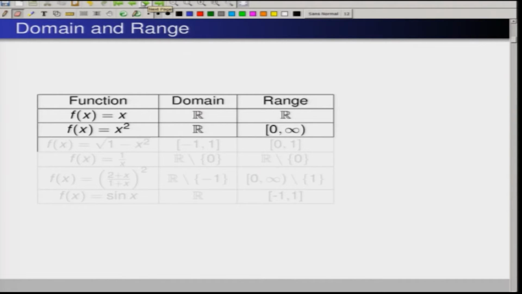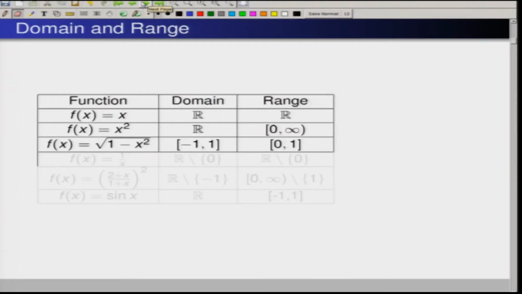And the range is 0 infinity, that means for any non-negative real number x, we have also seen that there exists a number y such that y square equal to x. So, now the range is closed 0, infinity open.